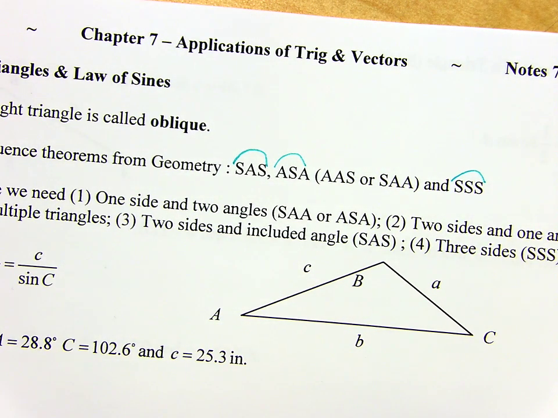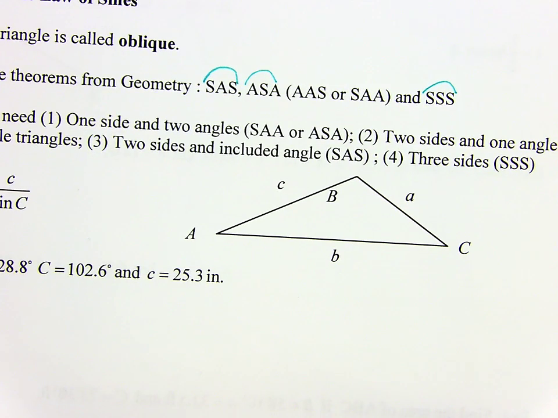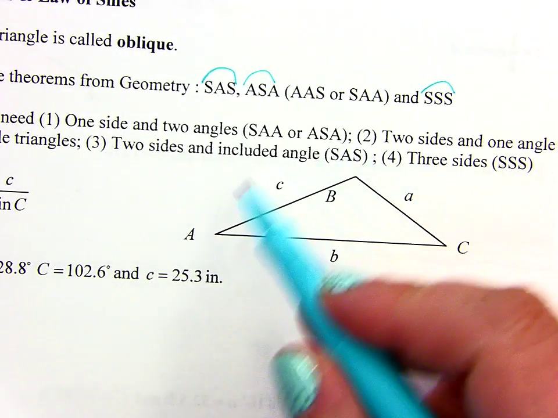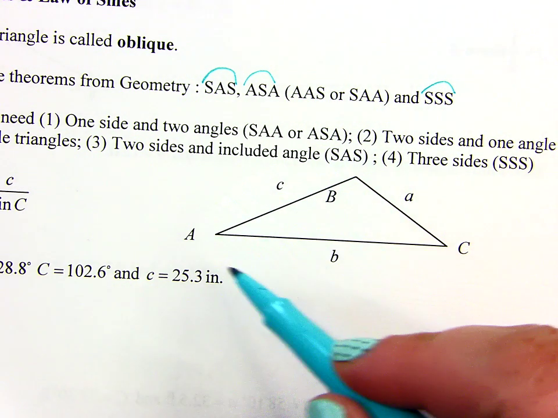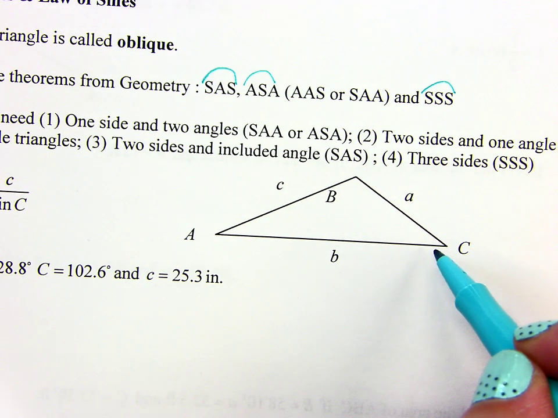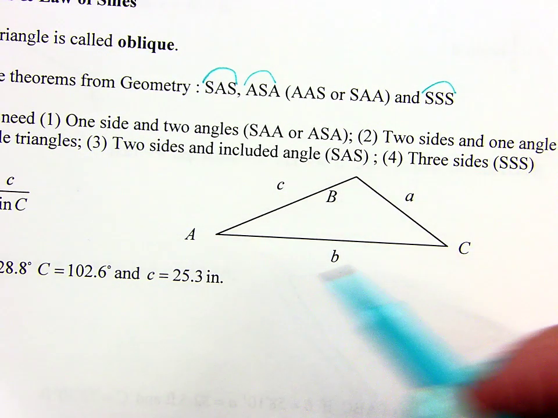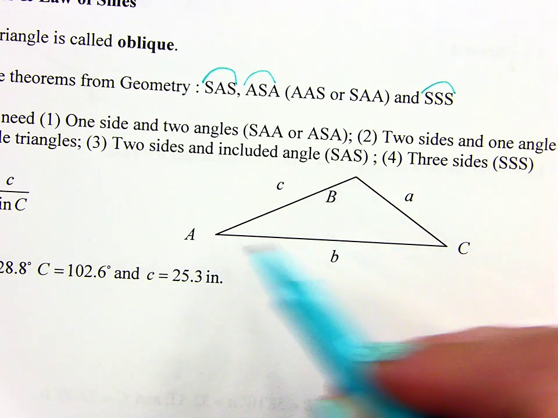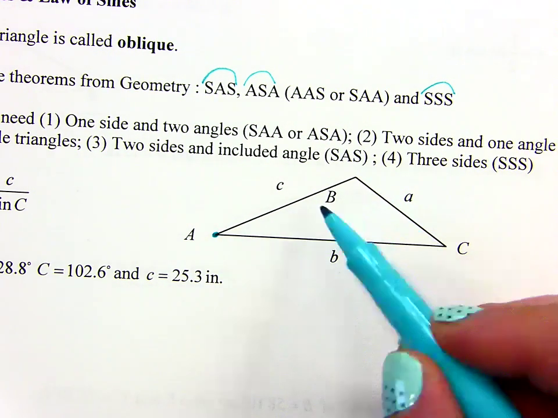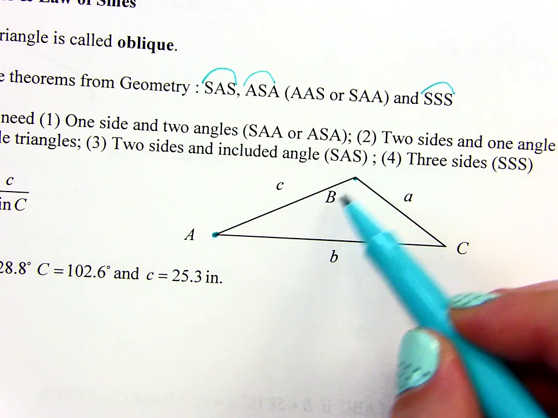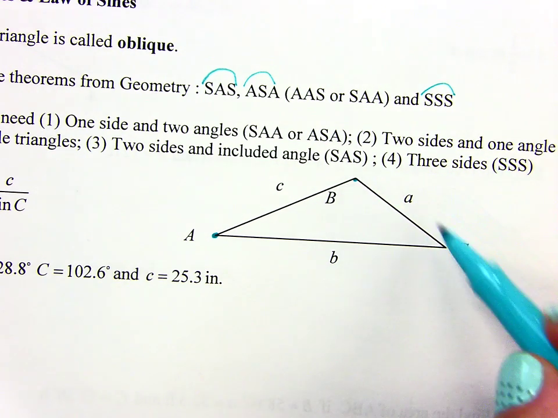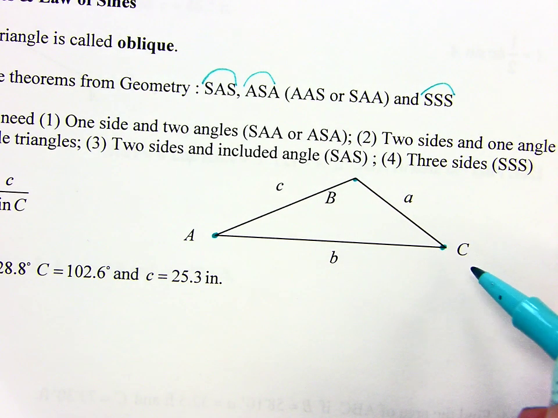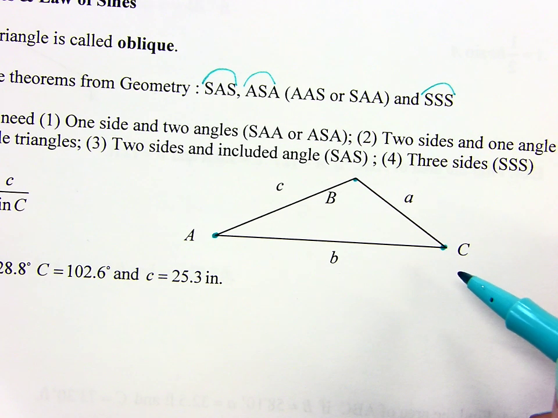Alright, we're going to use this idea with our oblique triangle. Let's recap. Remember how in a triangle we label each of the corners with a capital letter? That's capital A, this is capital B, and this is capital C. Across from those angles are the lowercase of each letter.